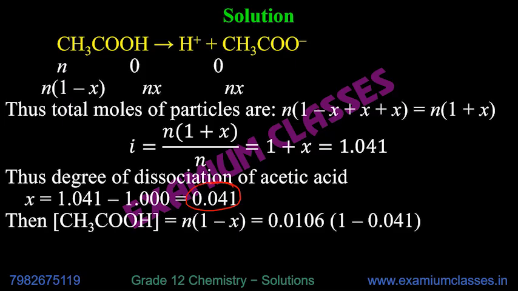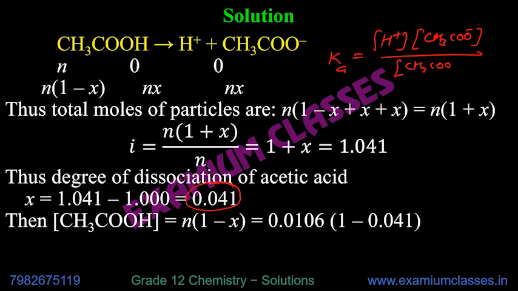So for the dissociation constant, Ka will be concentration of H plus times concentration of acetate ion divided by concentration of CH3COOH. So that's why we are now calculating the concentration of CH3COOH, which will be n(1 minus x).